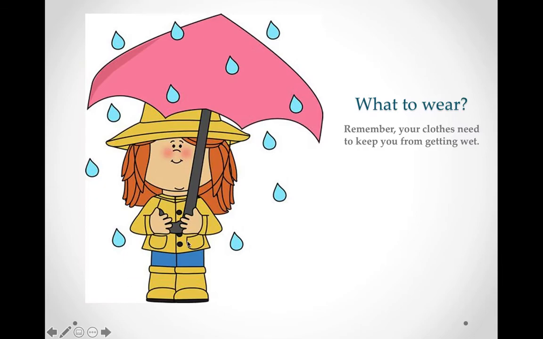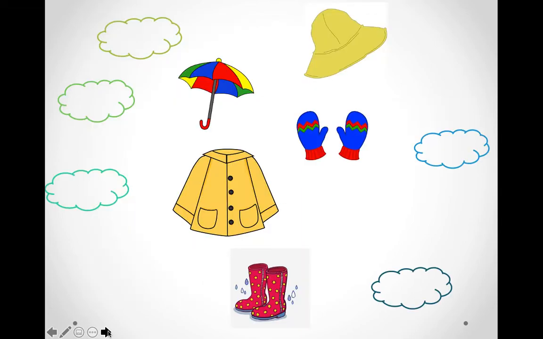Now, what do you think you should wear when it is raining outside? Remember, your clothes need to keep you from getting wet. So let's take a look at the clothes that you can wear when it is rainy. A hat to protect your hair, an umbrella so that you don't get wet, a raincoat.